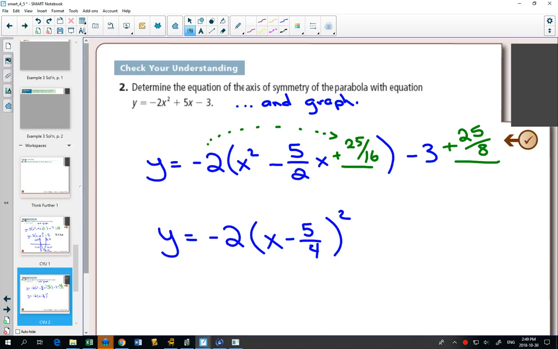How do you add negative 3 plus 25 over 8? You have to get fractions with a common denominator. Are you okay with that negative 3 is negative 24 over 8? So this becomes plus 1 over 8.